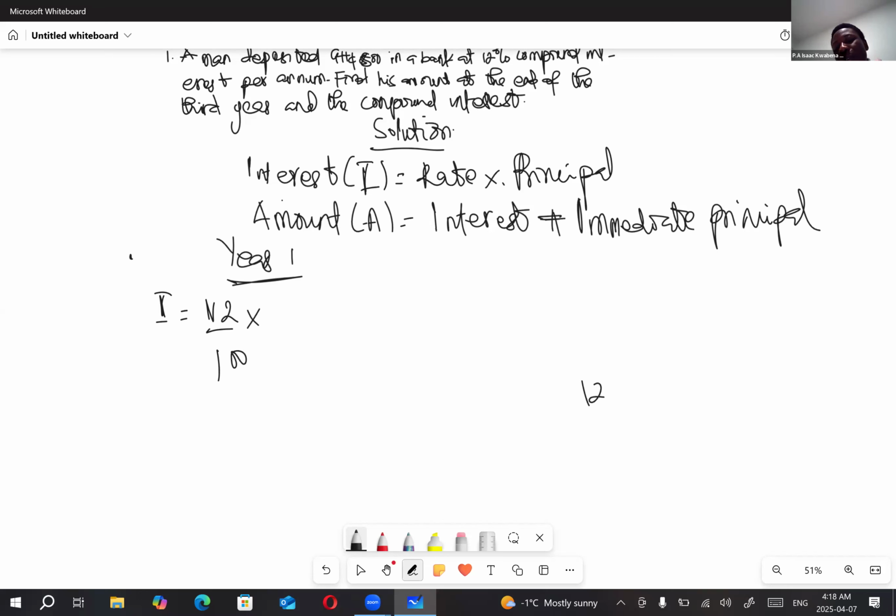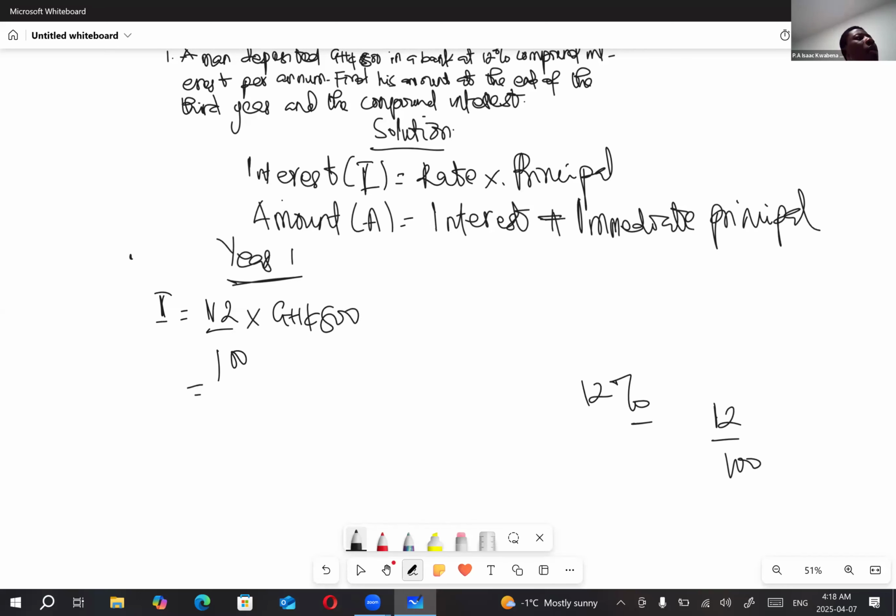If you want to solve, you divide by 100, so 12 over 100 times your money, 800 cedis. That'll be given to you at the end of every year.